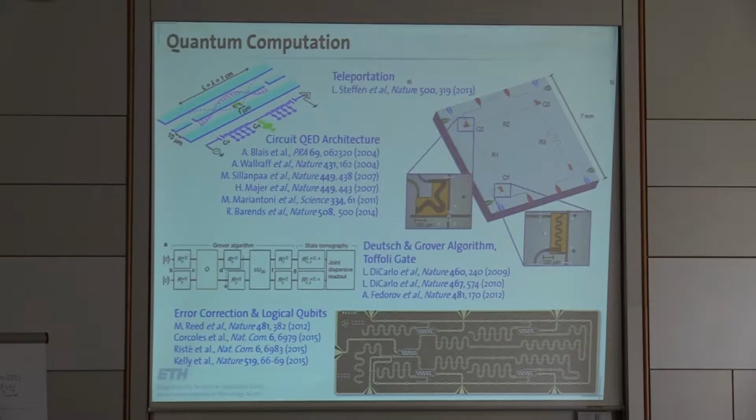Algorithms have been implemented, and currently I think what people are focusing on most is trying to build systems that enable error correction. What many people think of as a holy grail is to make a circuit where error correction is implemented in such a way that you can keep the quantum state of a superconducting qubit preserved forever by actively running error correction on it. There have been nice results published last year, and many of the major groups working on this are trying to push it to the next level.